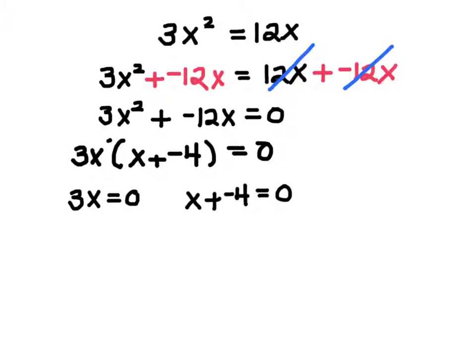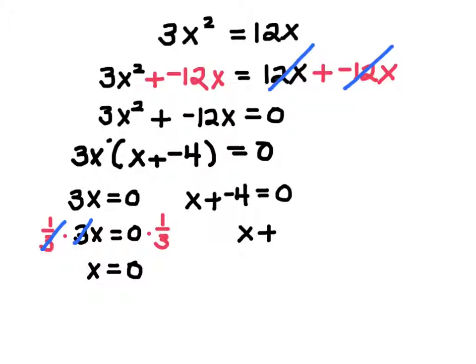Here, in our first one, we're going to multiply both sides by the multiplicative inverse of 3, and that's 1/3. To keep our equation balanced, we must do it to both sides. 3 times 1/3 is 1. So the left-hand side is x, and the right-hand side is 0 times 1/3, and anything times 0 is 0. So x equals 0.